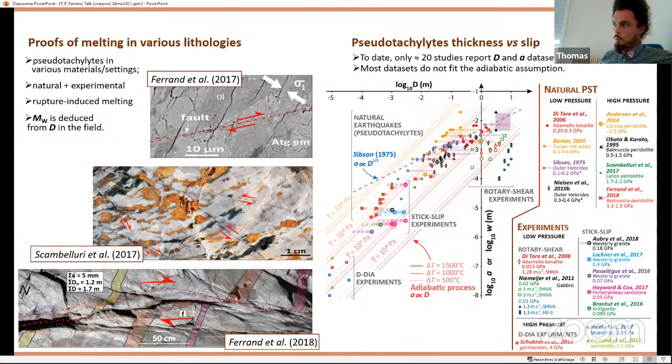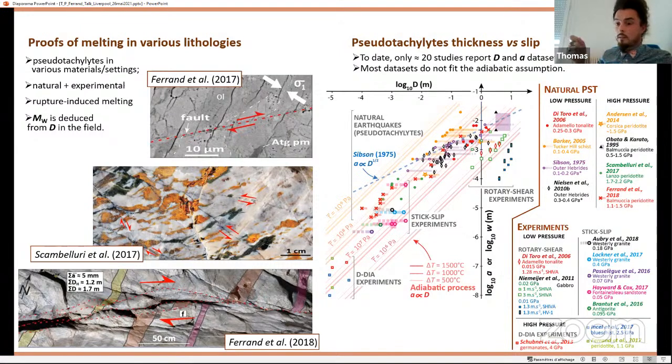It means that it was describing a data set in a material in which the lubrication was efficient. And as you can see here in the data of Barker, 2005, for example, at the same values of thickness, you have much smaller displacement, 1 to 2 orders of magnitude lower.